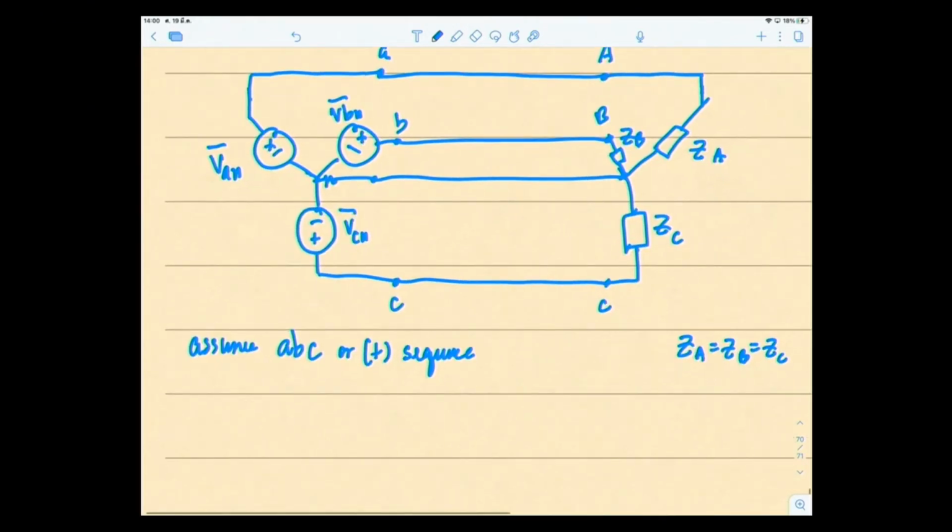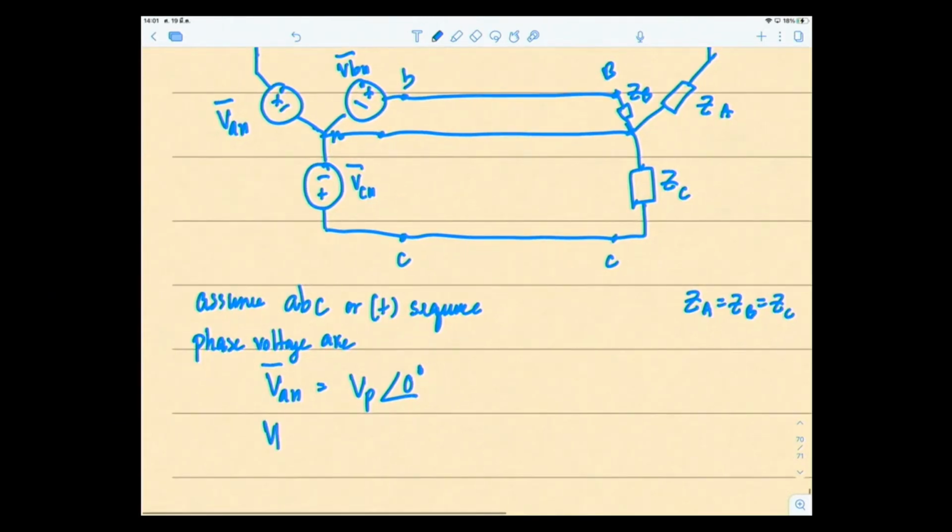What it means, of course, is that your phase voltages on the generator side are: VAN is equal to some amplitude V phase at 0 degrees.